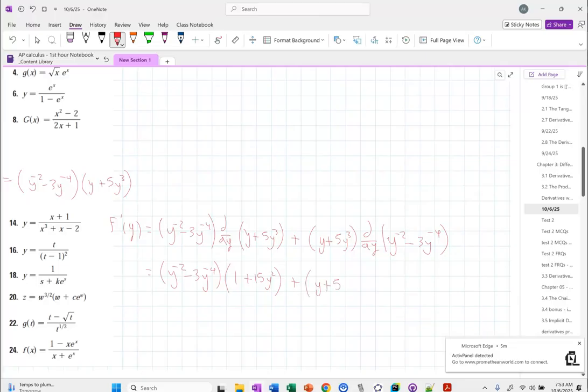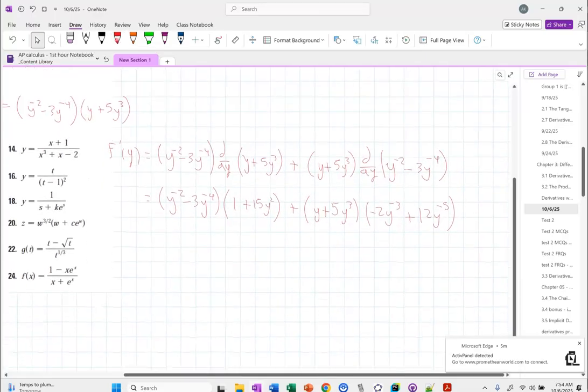Plus this thing times, and then the derivative of y to the negative 2 is negative 2y to the negative 3. And the derivative of negative 3y to the negative 4th is going to be positive 12y to the negative 5th. So far, so good? Okay.